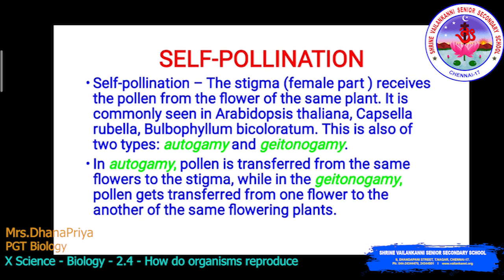If it happens in the same flower, that is autogamy. If the pollen is transferred from one flower to another flower in the same plant, it is called geitonogamy.